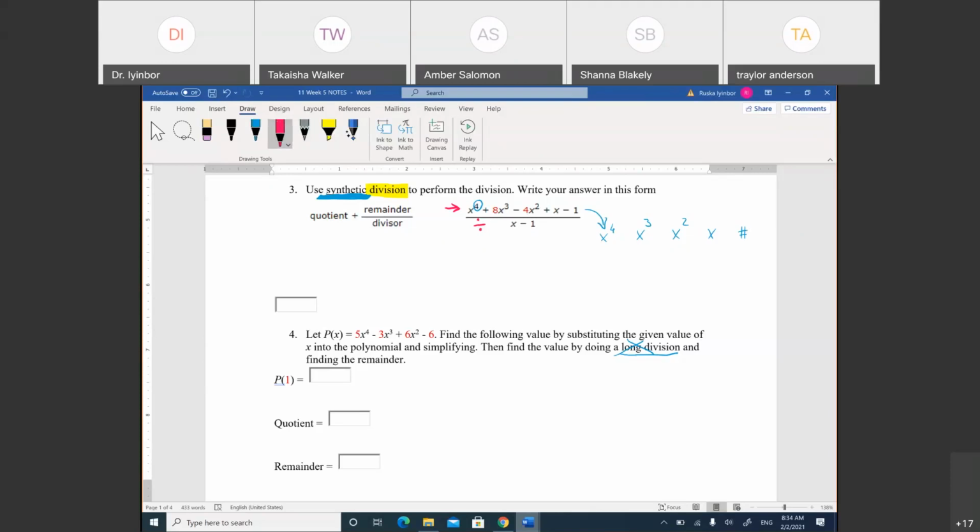And then you're going to look at my polynomial at the top. What do I have in front of x^4? There is nothing, so that means it's an invisible 1, right? What is in front of x^3? What is the number? 8, that's right, so I'm going to put 8. What is in front of x^2? It's -4, okay? What is in front of x?